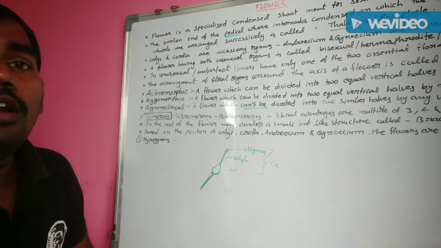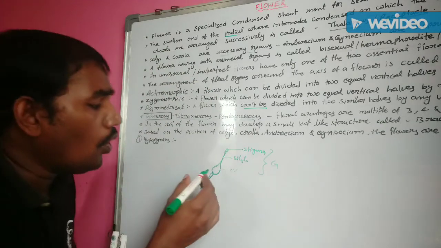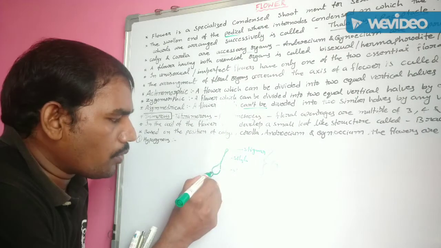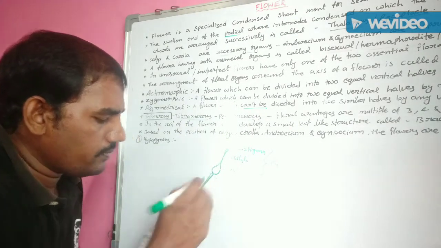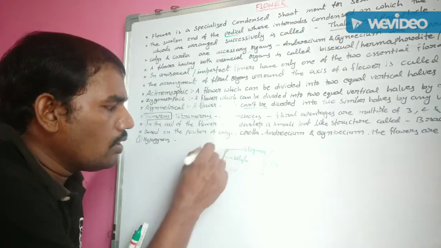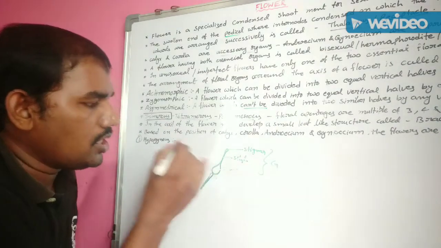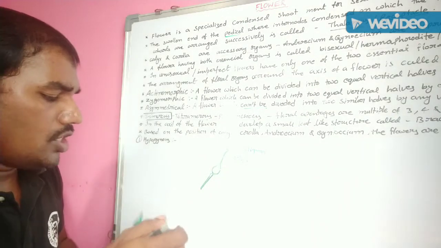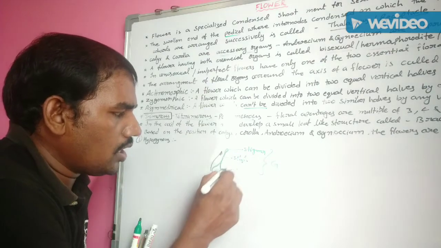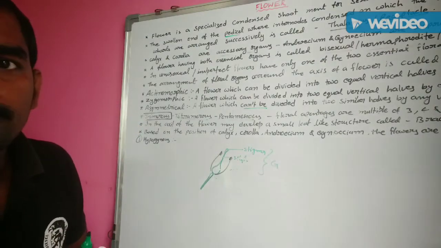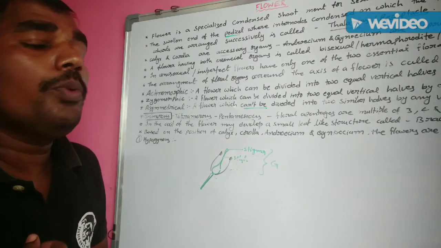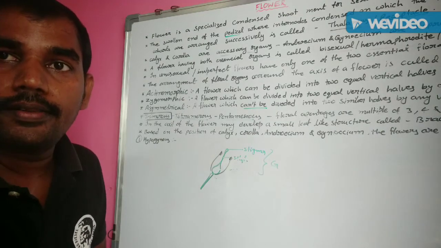The remaining floral parts are situated below it, like calyx, which is produced below the gynoecium, and corolla is also below the gynoecium, and androecium is also situated below the gynoecium. This type of flower is known as hypogynous flower.